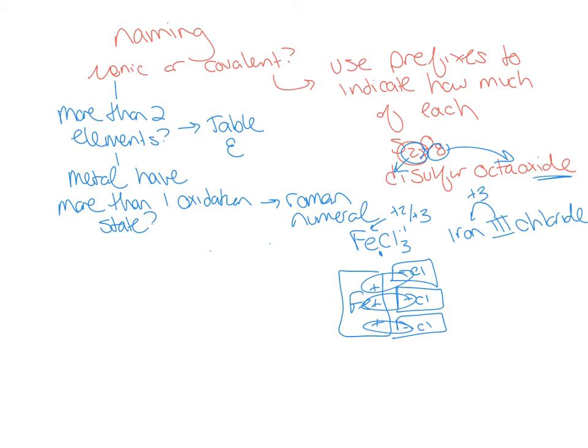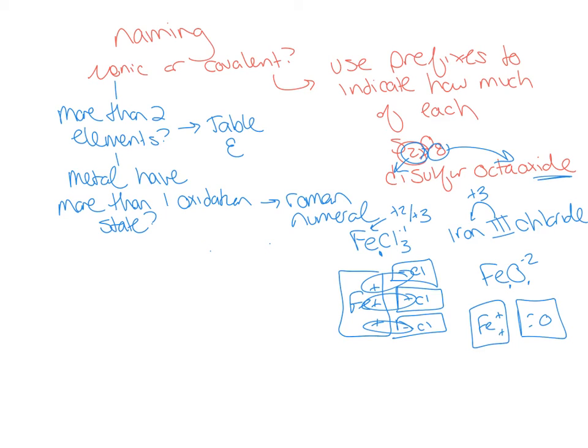A trickier example would be FeO. Okay, you would think that if you're just flip-flopping this, you think it's iron 1 oxide because there's a 1 here and a 1 here. However, you've got to remember that oxygen's -2. Okay, so if oxygen is -2, that means that 1 iron has to cancel out both of those minuses.